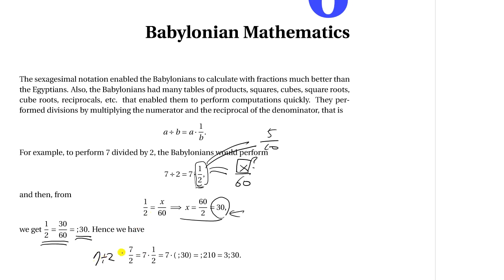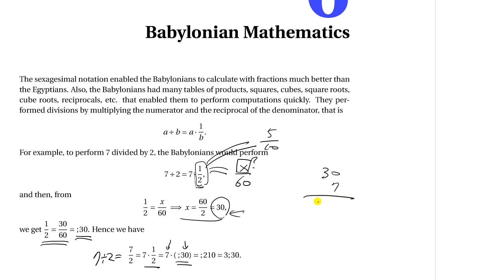So let's go back to the original question. 7 divided by 2 is the same as 7 times 1 half, which is the same as 7 times semicolon 30. We use our symbols for that, but they have symbols for 7 and symbols for 30, in their own format. Then they need to calculate 30 times 7 in their own way, but let's skip that portion.